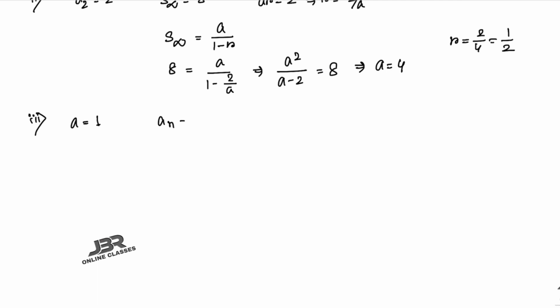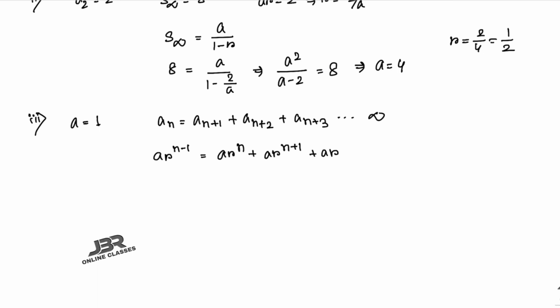Then here a n is equal to a n plus 1 plus a n plus 2 plus a n plus 3 dot dot dot up to infinity. Okay, so here formula a r to the power n minus 1, a r to the power n, a r to the power n plus 1, a r to the power n plus 2, then dot dot dot up to infinity. Then all a will be cancelled out.